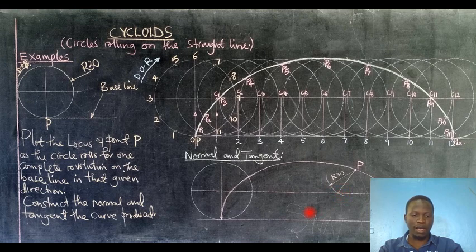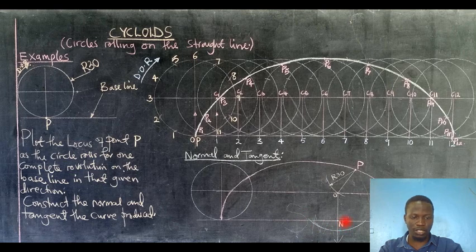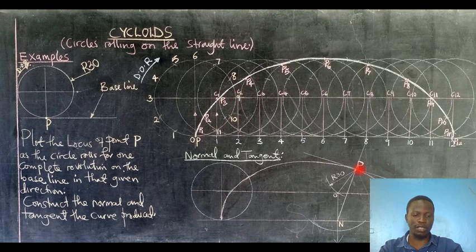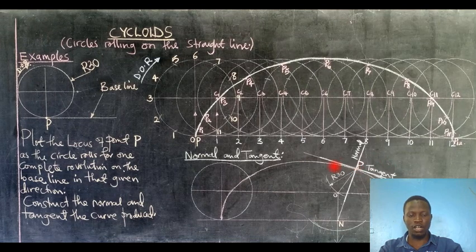At that point, drop the perpendicular to the baseline, and when you do that, you'll obtain point N. Join the line from N through P to obtain the normal. Having drawn the normal, the 90-degree line to the normal at point P gives you the tangent. Outline the normal and the tangent, and you have it there.